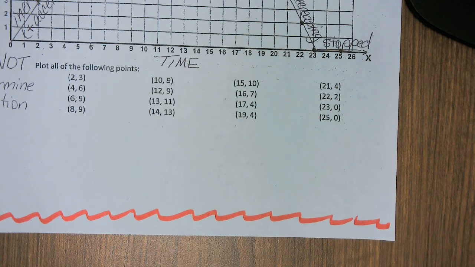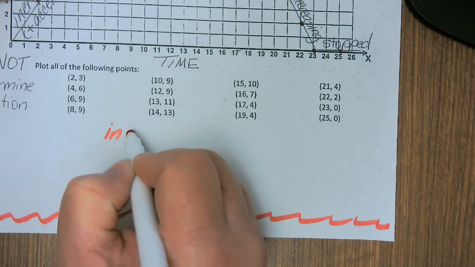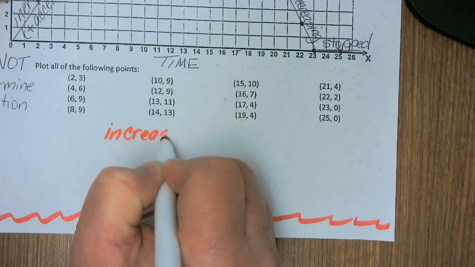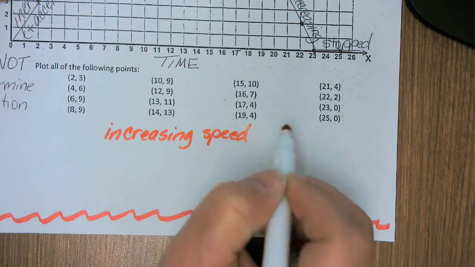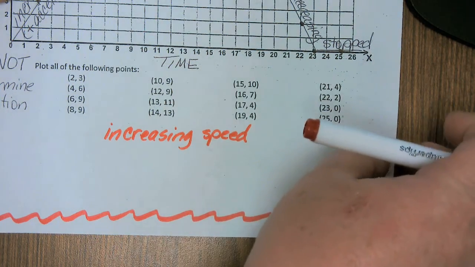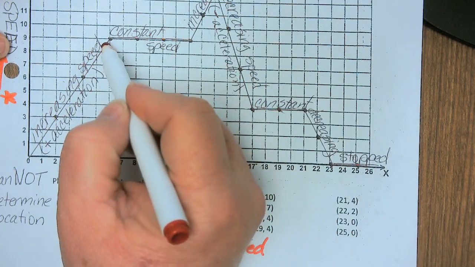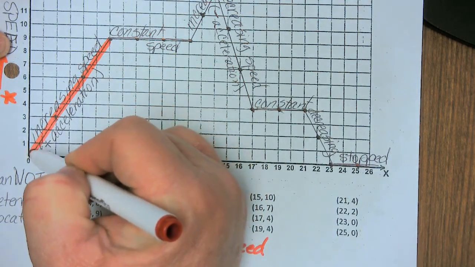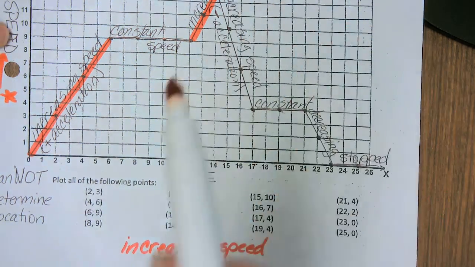And I'm going to give us a color-coded key because I think it's pretty important. We are going to have increasing speed. So in color, I'm going to write increasing speed in my red marker. Then I'm going to come up here and I'm going to mark my increasing speed. I had increasing speed for this section and increasing for this section.